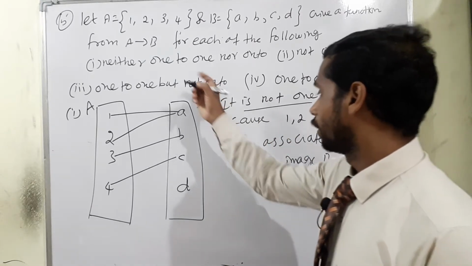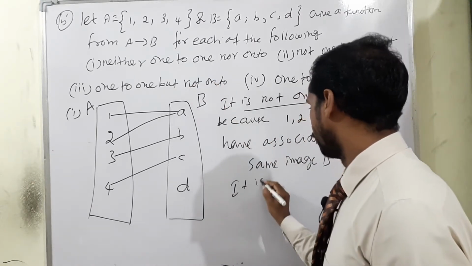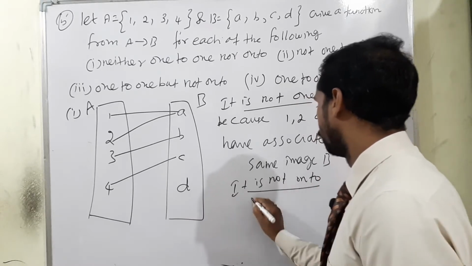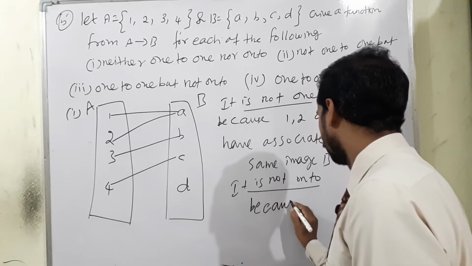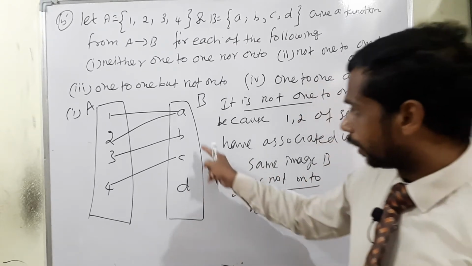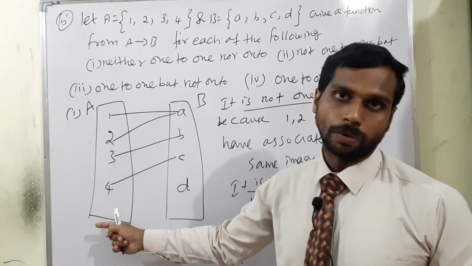The second condition: it is also not onto. What is the definition of onto? The number of elements in the codomain is equal to the number of pre-images.